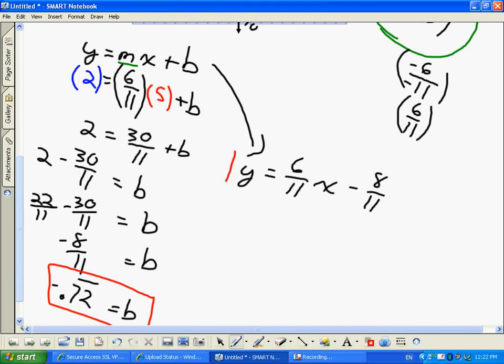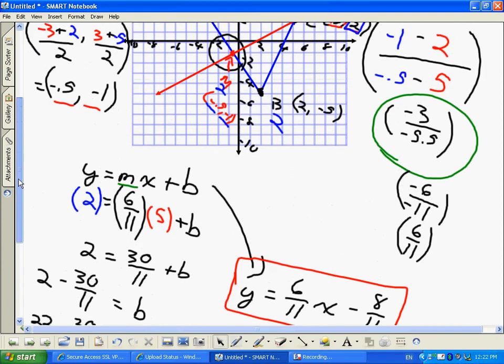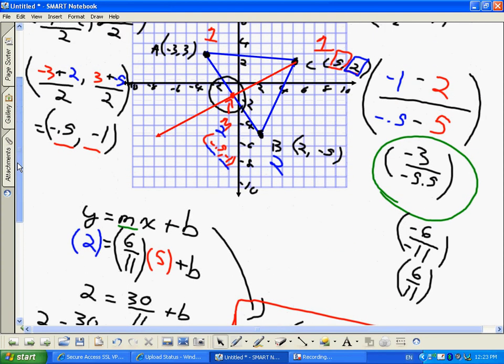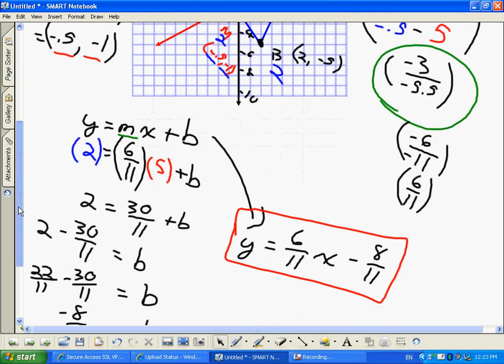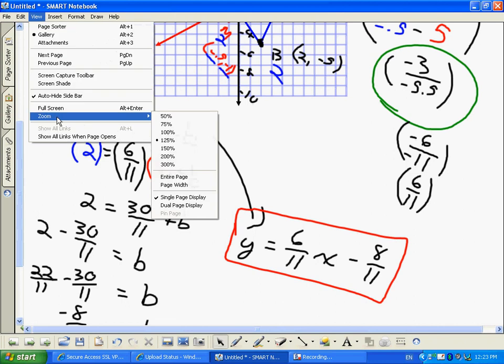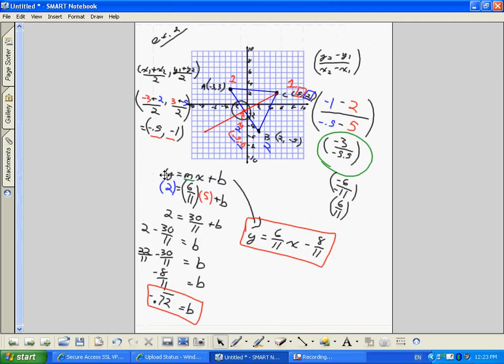So I now have my equation of our red line on the graph up here. That red line we created from vertex C, this is the equation of that line. Y equals 6 over 11x minus 8 over 11. Take a look at that.